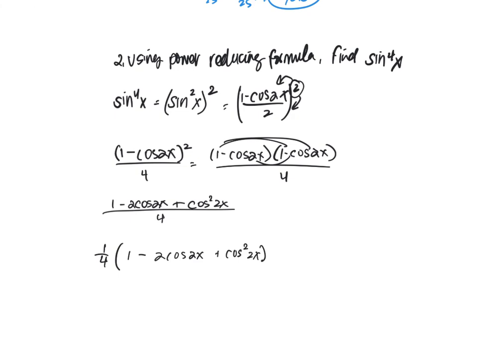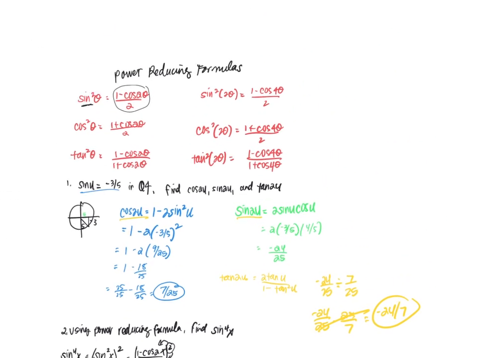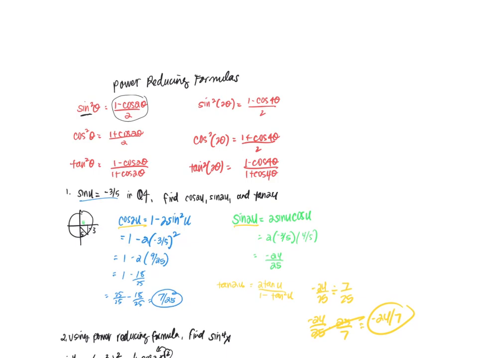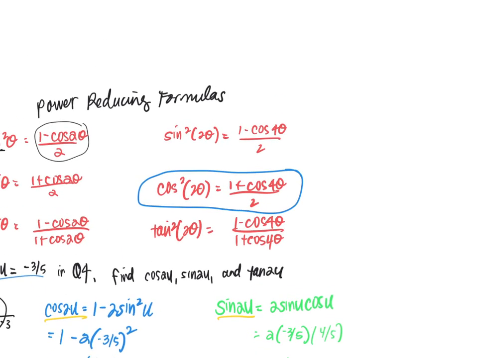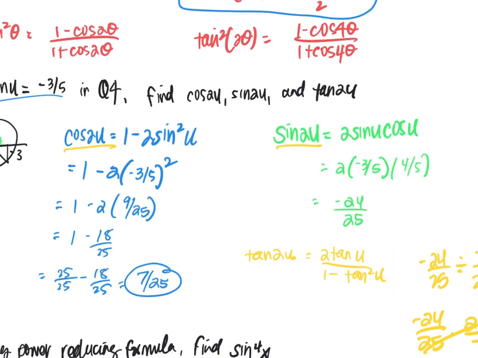All right, and then, oh, well, this is actually looking familiar. Let's see if I have, oh, I do. We have a formula that could help us go from cosine squared. There we go. We could use this formula and plug it in, okay?